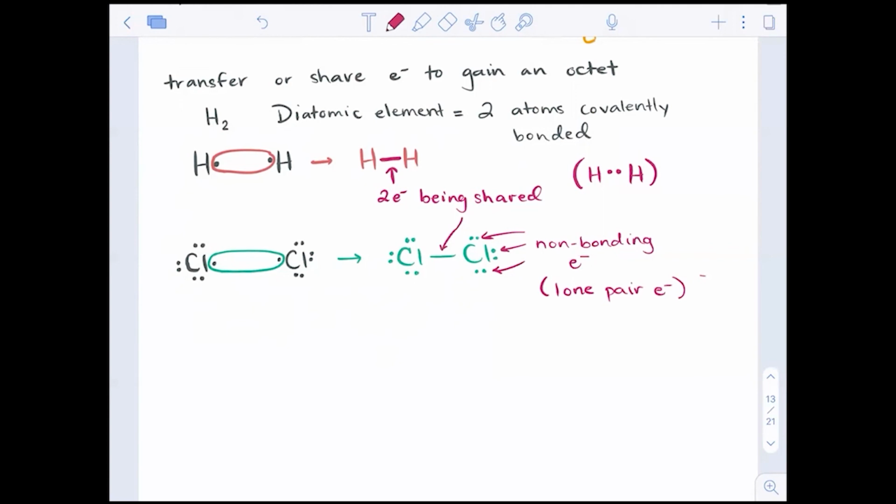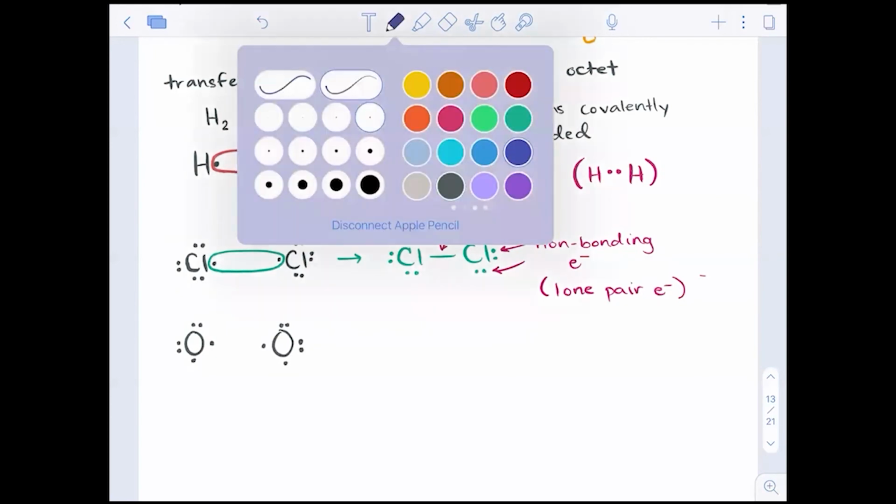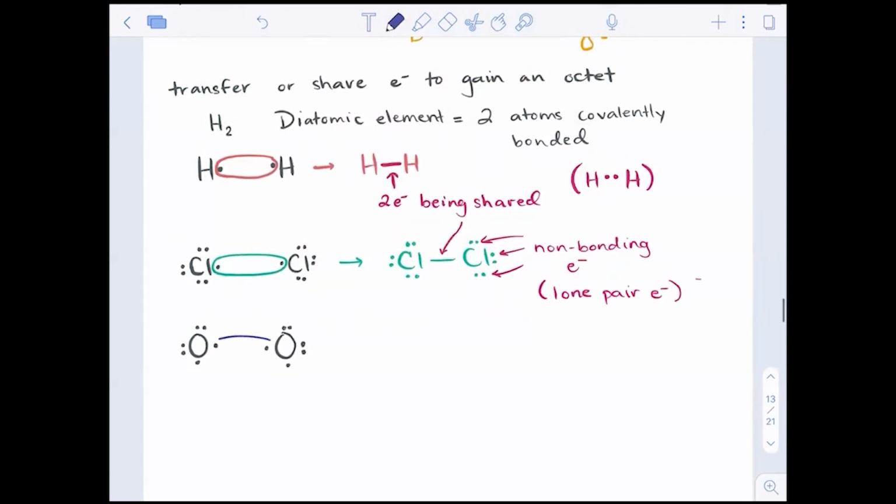Now, all of the diatomics that we'll see have this bonding in nature. Oxygen is another one. I want to bring up oxygen because he's a little bit different than the other two we just saw. Oxygen likes to make two bonds, and we can see that occurring. Now, when that happens, oxygen literally puts 4 electrons in between those two nuclei.